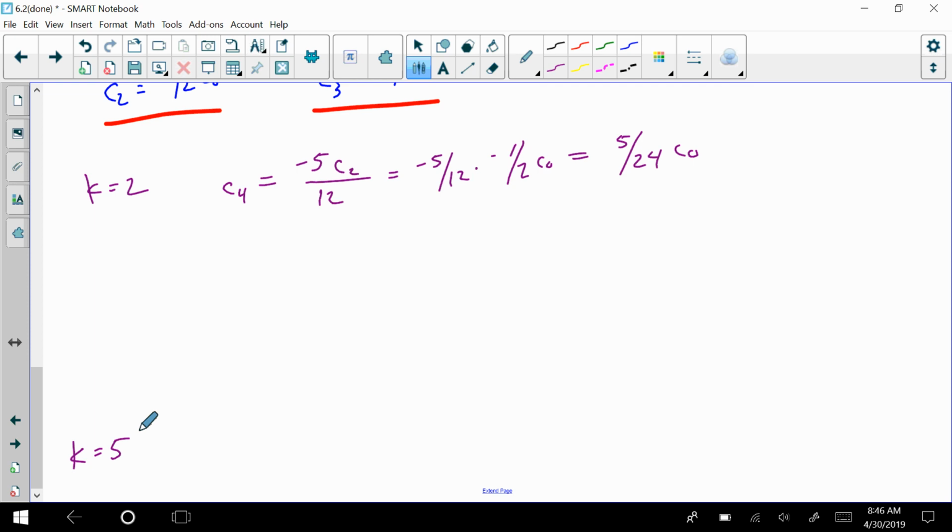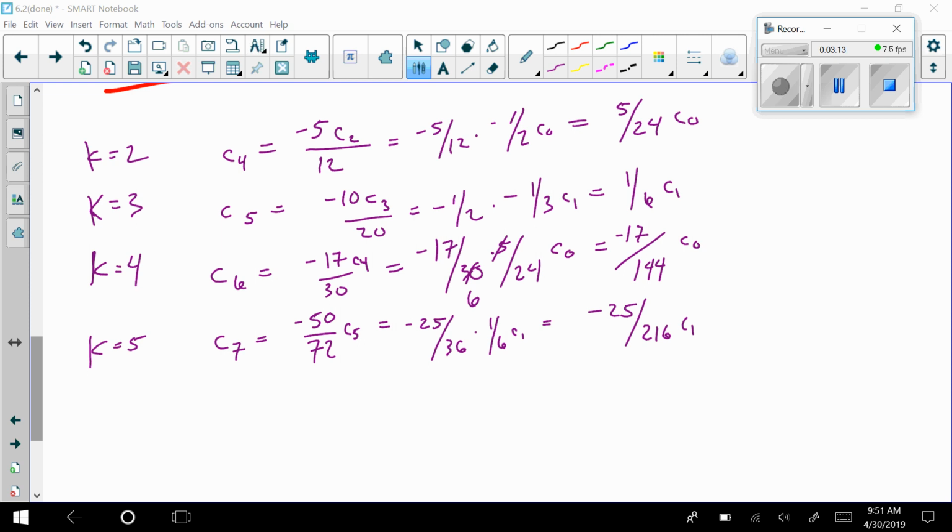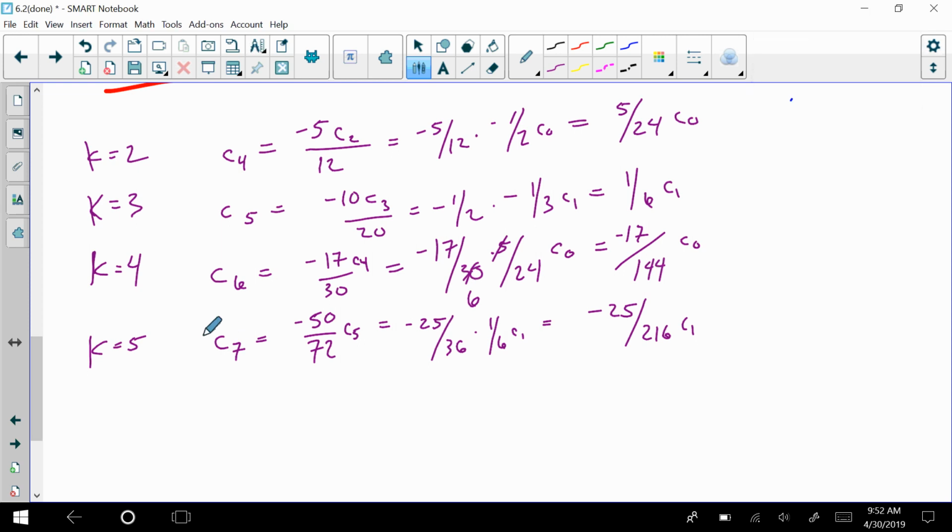Next time, pause the video now, because here in a second I'm going to pause my video and then jump straight to the k equals 5 part. So now that we have k 2 through 5 here, it's important that you realize that this c sub 7, remember at the start we assumed that the answer was c sub n x to the n, which means this term correlates to x to the 7th.